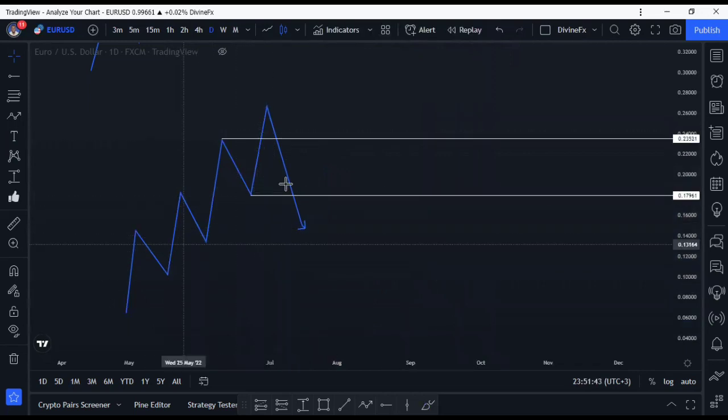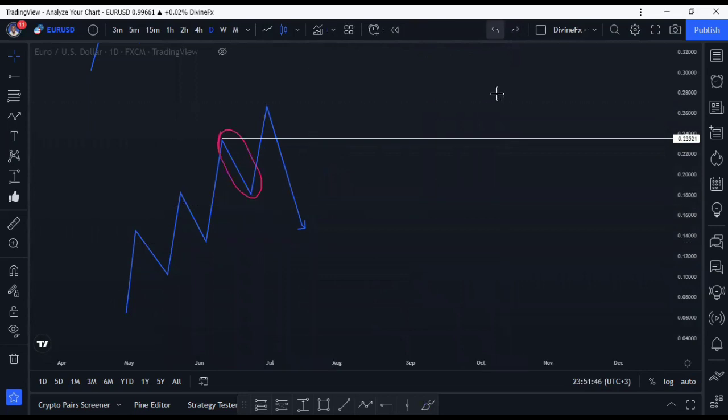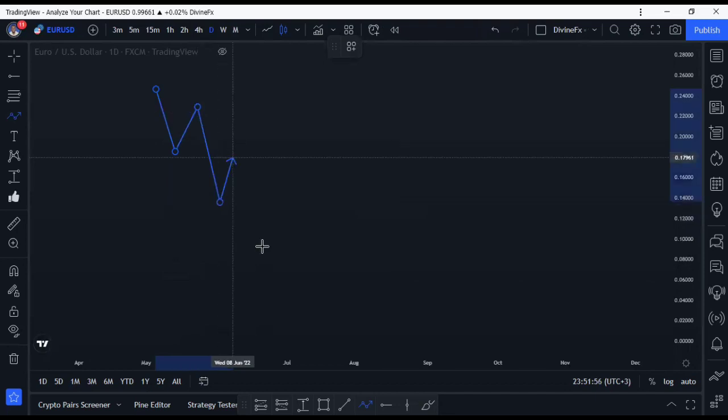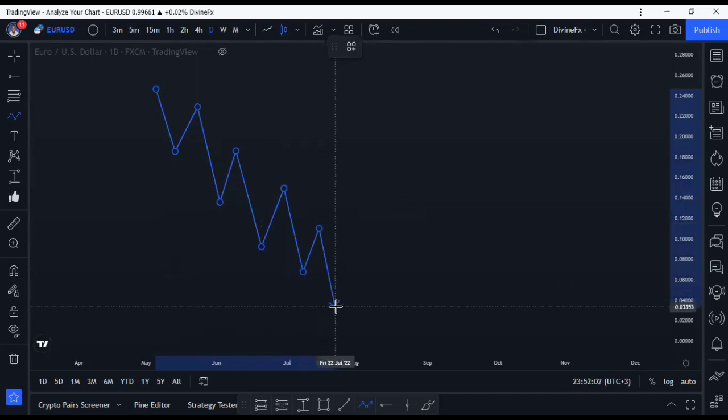So let's see downtrend to uptrend. Suppose we have a downtrend. Price is creating a series of lower low, lower high, lower low, lower high, lower low, lower high, lower low, lower high, lower high, lower low.